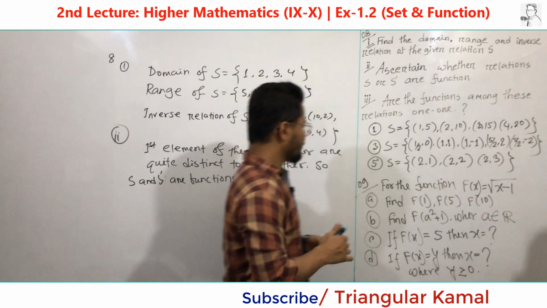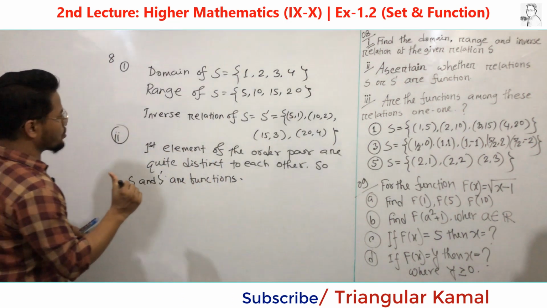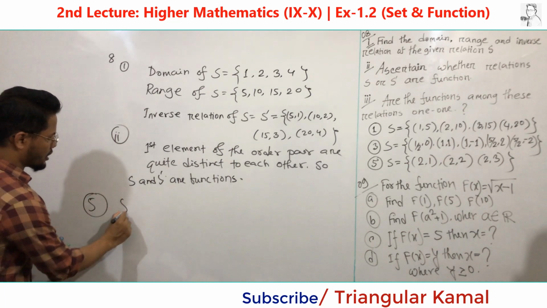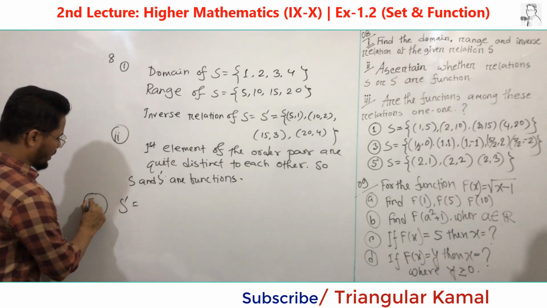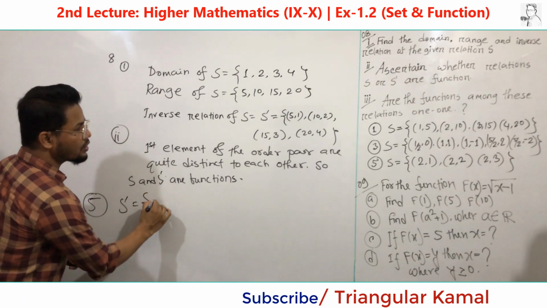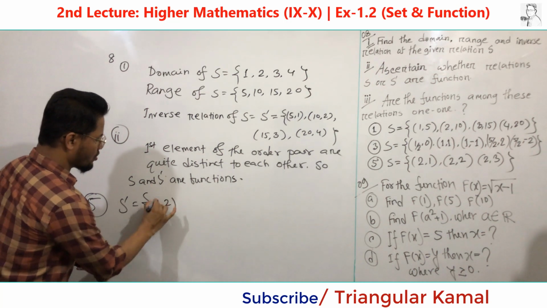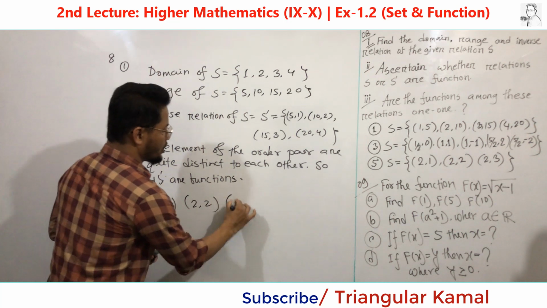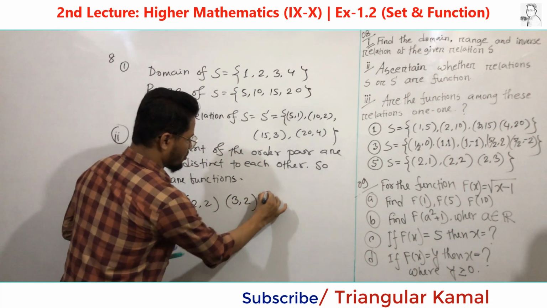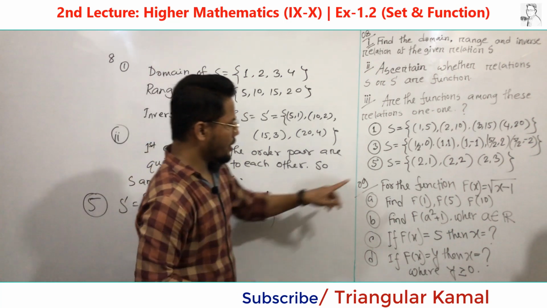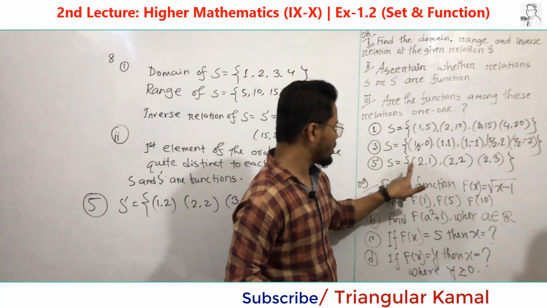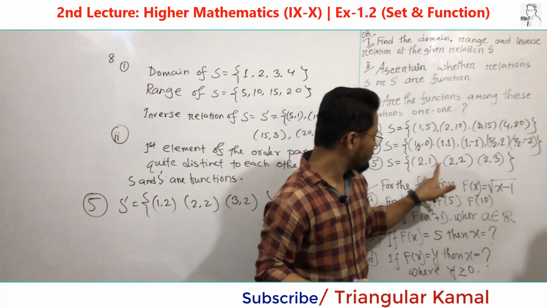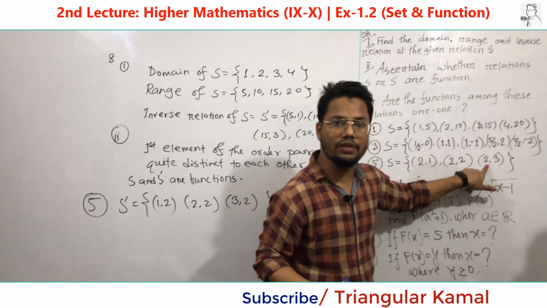But in number 5, give attention here. S prime will be (1, 2), (2, 2) and (3, 2). But we see here S is not a function because the first elements of the ordered pairs are not distinct, because the first elements are repeating.